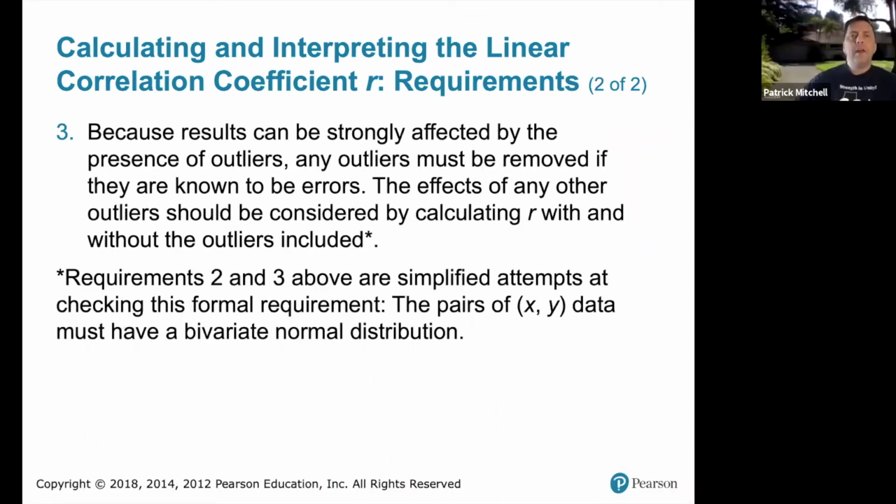And third, because results can be strongly affected by outliers, any outliers must be removed if they are known to be errors. The effects of any other outliers should be considered by calculating R with and without the outliers included.